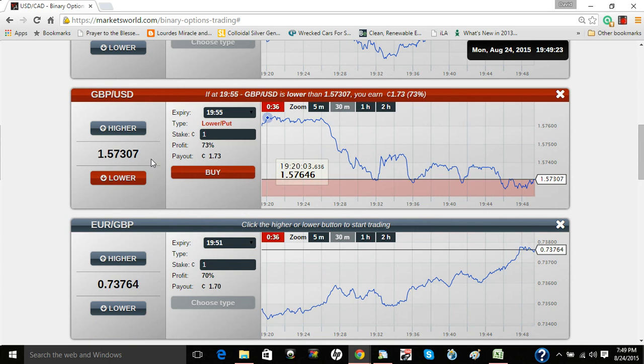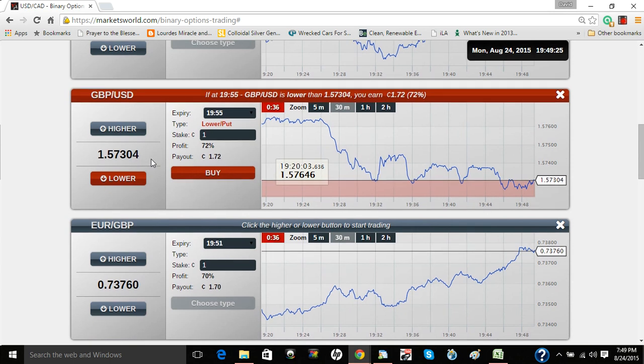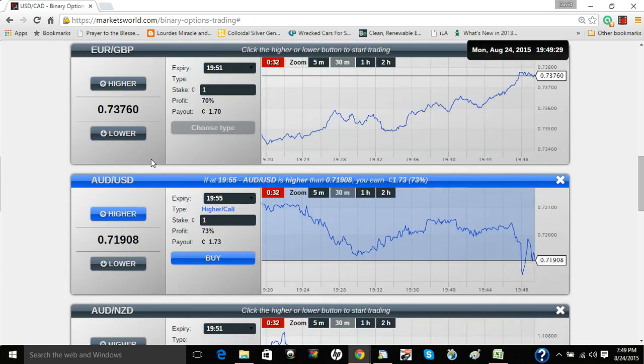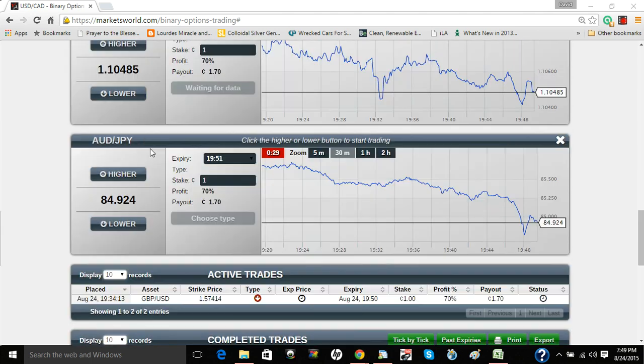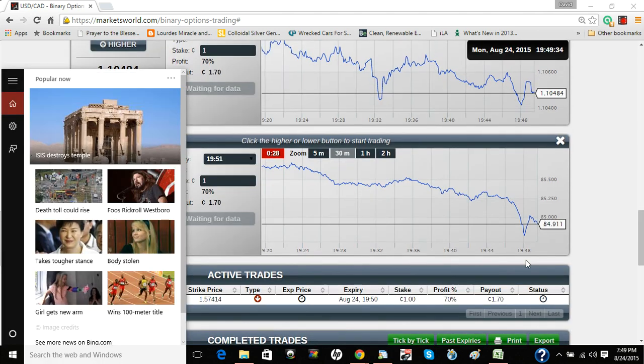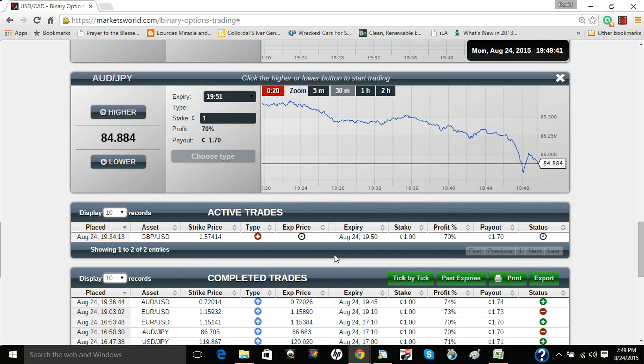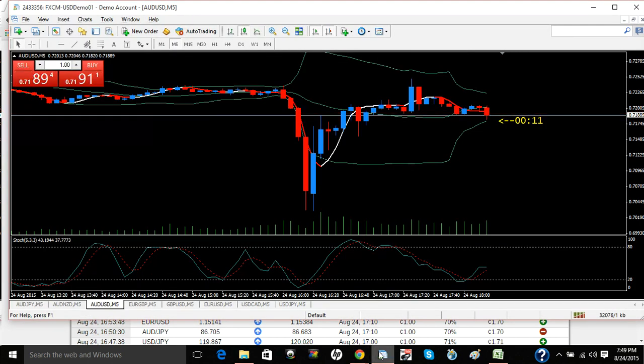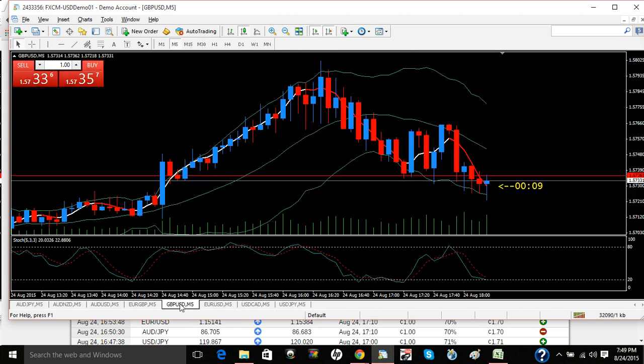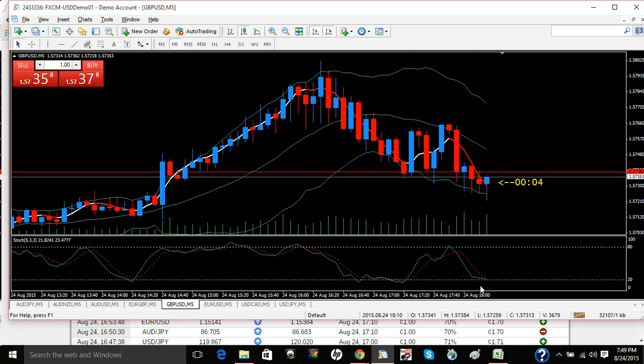It has dropped significantly from where it was before, and I placed a bet that it was going to go in a downward direction, so it looks like it's in the money. It's going to win as long as the market continues to go down. Looking at it again, it's still shooting down and has not dropped below the stochastic here.